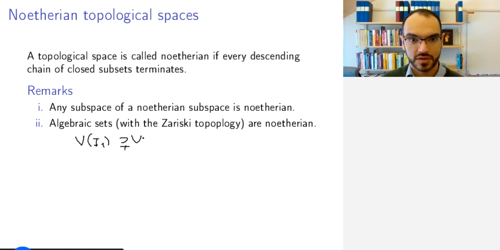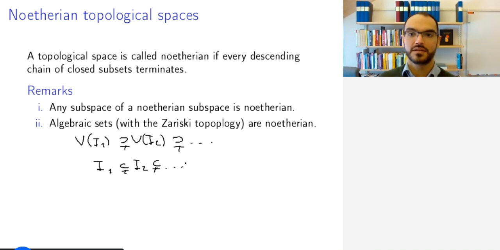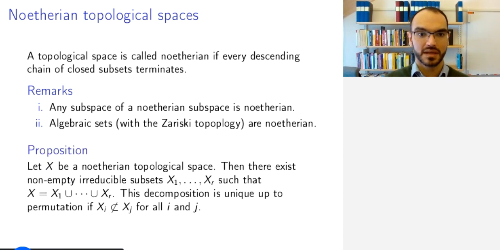If you have such an inclusion that goes on forever, this corresponds to an inclusion of ideals that goes on forever in the other direction, and this contradicts the fact that the algebra is noetherian. And so this also motivates the name noetherian topological space.